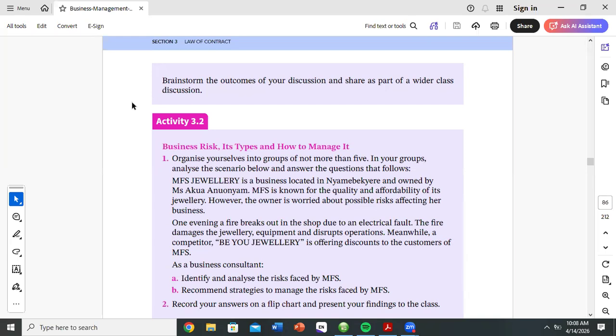Okay, so now it's also operational risks. Any different thoughts? Anything different from operational? Yes, Selikem. Financial risks. Okay.